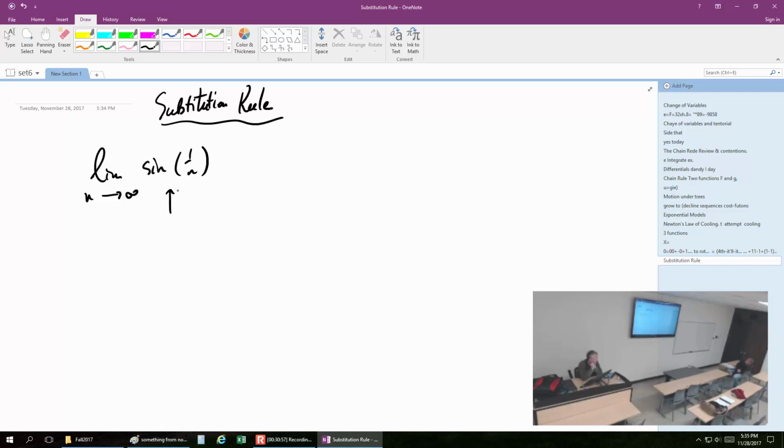So what operation are we talking about before you get to the limits? The substitution rule of limits. But you have to identify the algebra that you're facing before you can think about limits. So what are we talking about here? You have the trig function sine, and then you have 1 over n, a sequence. So what's the word?